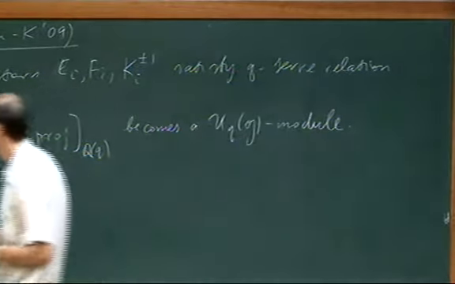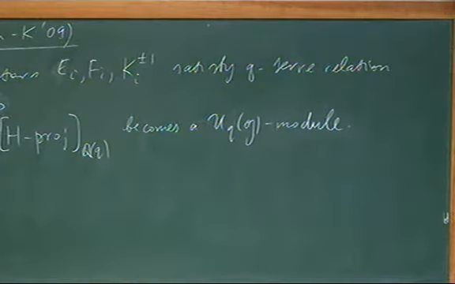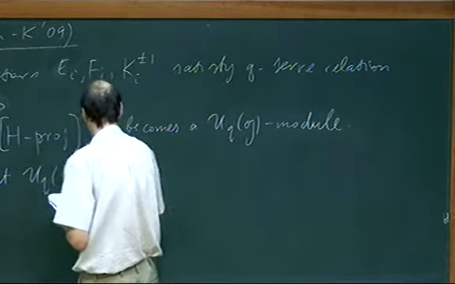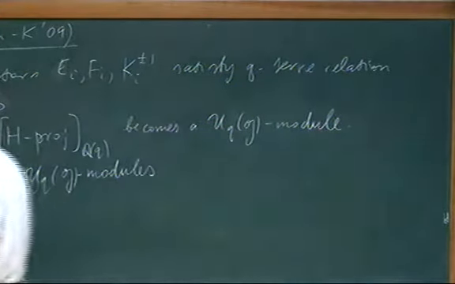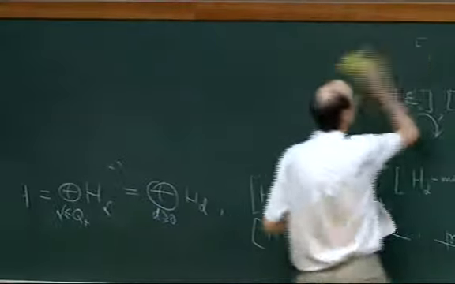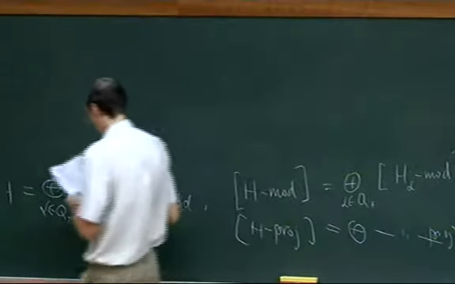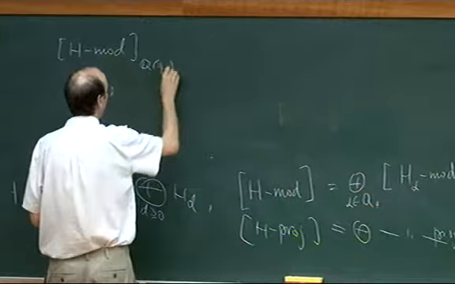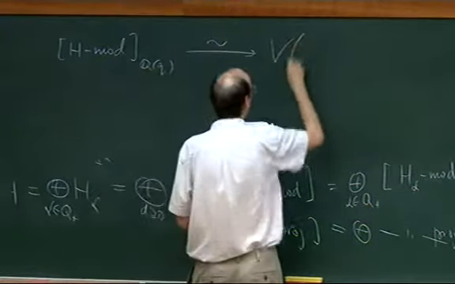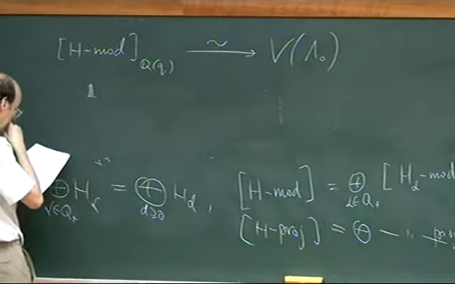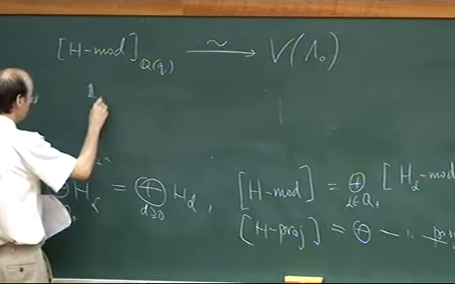And this module can be identified, which is part 2. So there is a unique isomorphism of U_q(g) modules between these Grothendieck group modules and the module V(Λ0), such that you can take the trivial module over the algebra H_0.